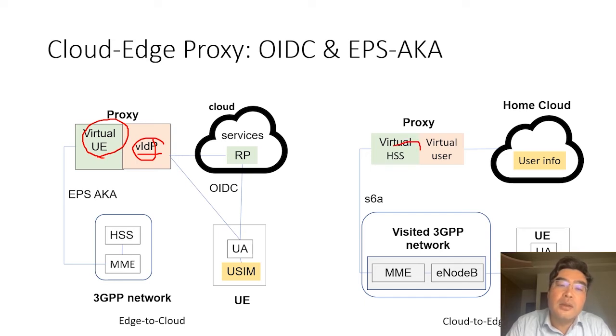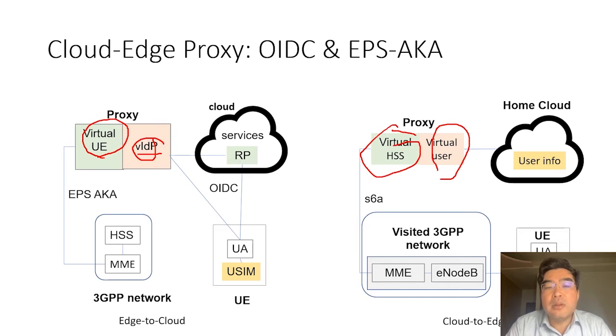One is the virtual HSS, which the MME will talk to, pretending this HSS is one of my guys, but I'm talking to the proxy, so the MME doesn't know this is another guy. And on the other side it has a virtual user to the cloud. I pretend to be an ordinary user to the cloud, to authenticate myself.